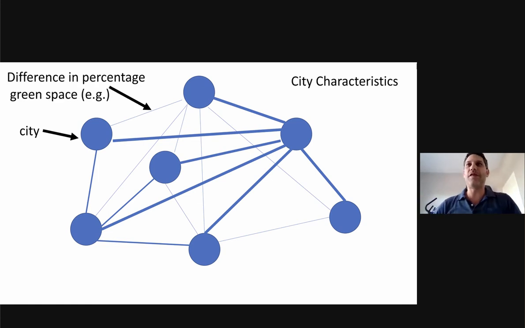And finally, we could also use the city characteristics and similarity in city characteristics to make a similar network where the nodes are cities, and then the edges represent differences in green space, city size, city population, and so forth. And so ultimately, we can ask questions: are cities that have similar invaders, have similar percent green space, have a lot of flights that go between them, or have similar environment or similar elevation, or just geographic distance?